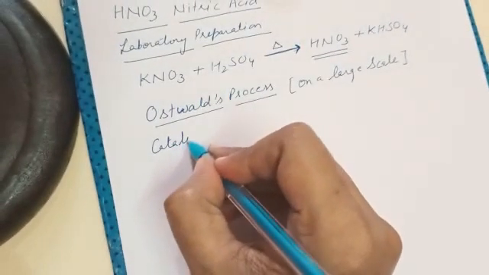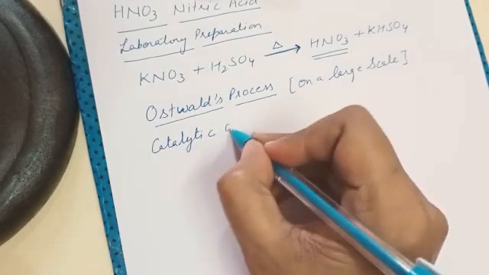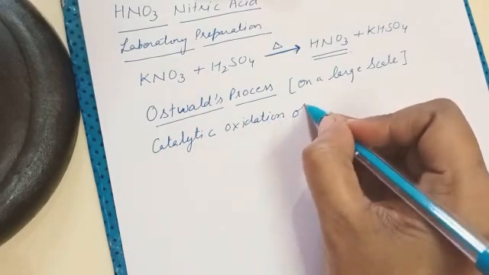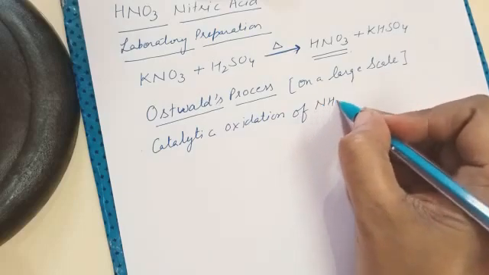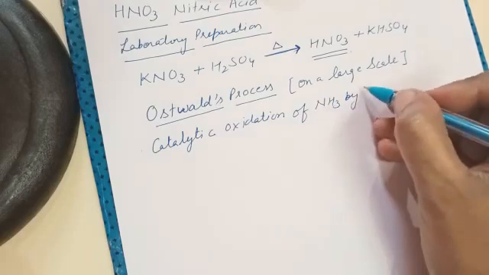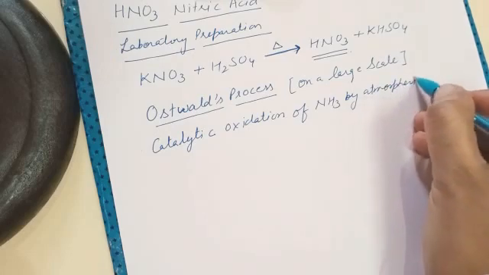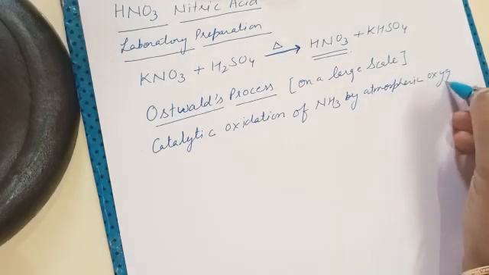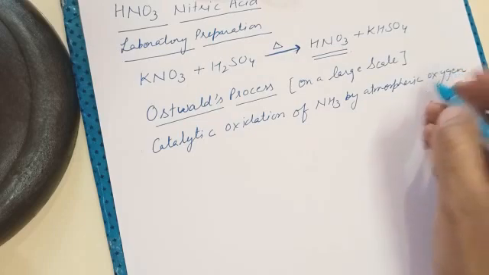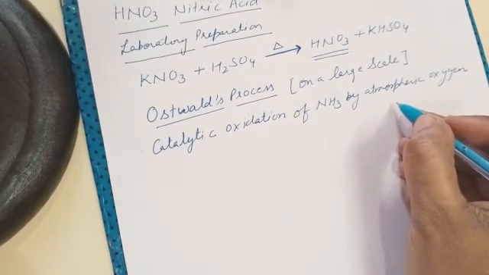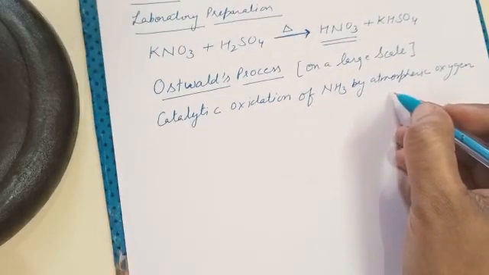In this Ostwald process, catalytic oxidation of NH3, ammonia, by atmospheric oxygen. Catalytic oxidation of NH3 by atmospheric oxygen.